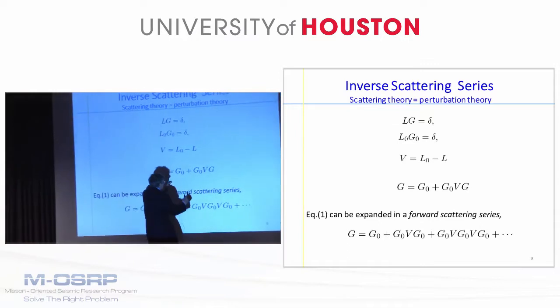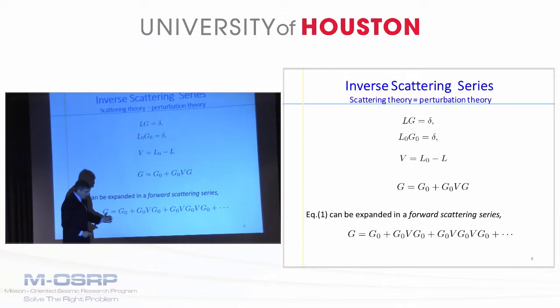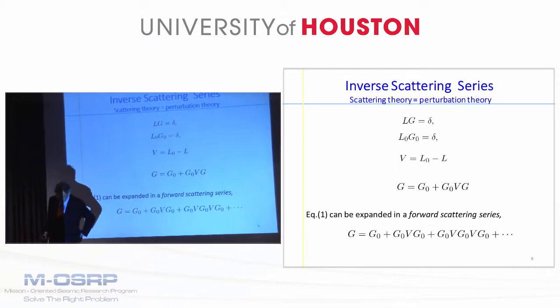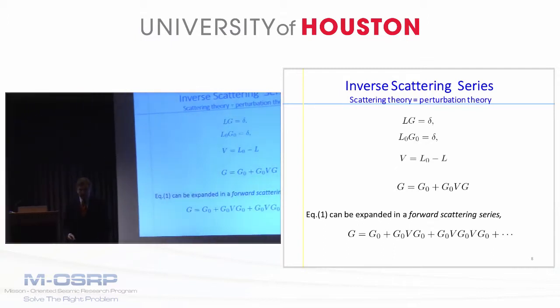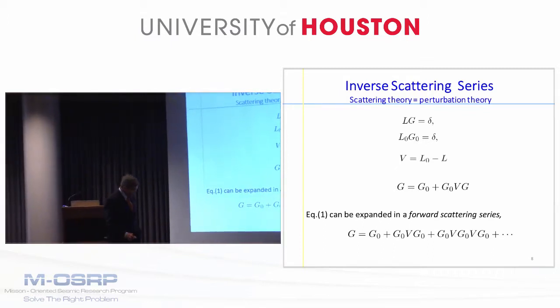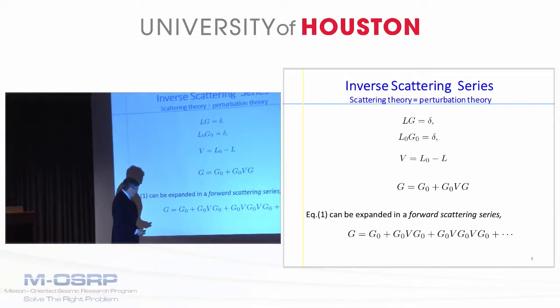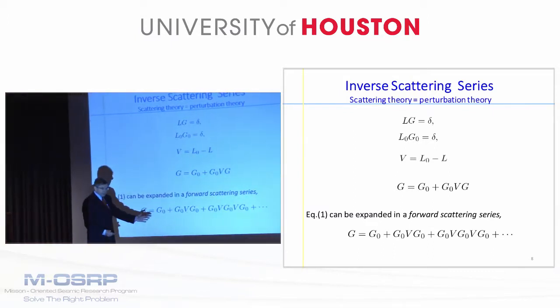And then you can say, well, now you have another approximation, G0 plus G0 V G0. Put that in for G, and keep doing that. You do that, you get this series called, by the physicists, the Born series, called the Neumann series by the mathematicians. And again, it's old, and so this is a modeling series.